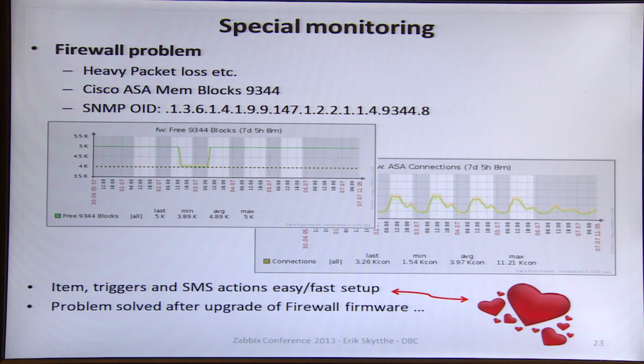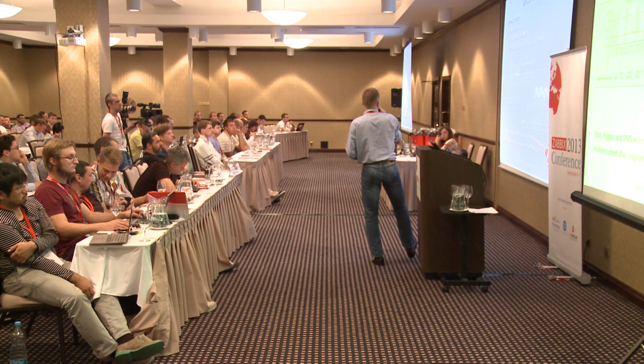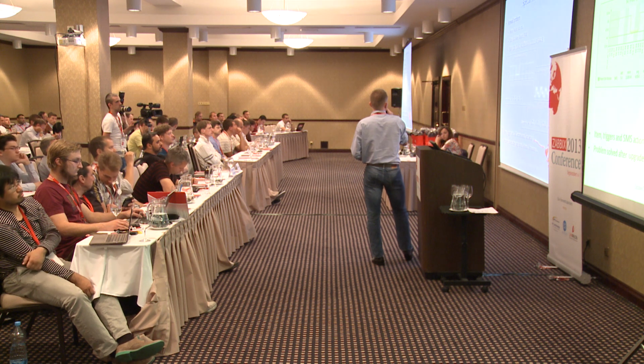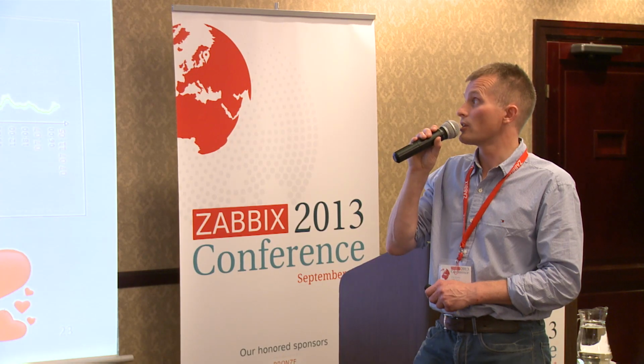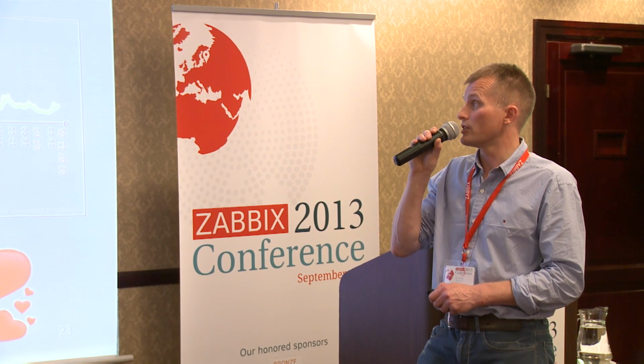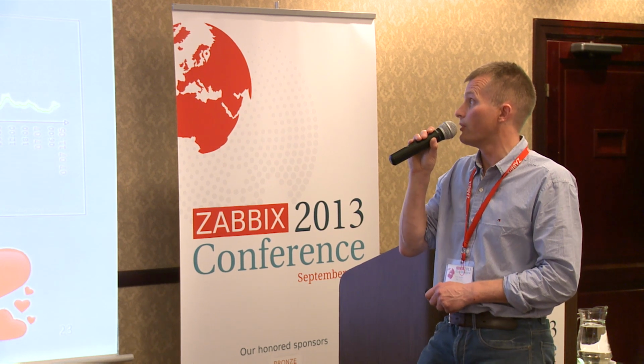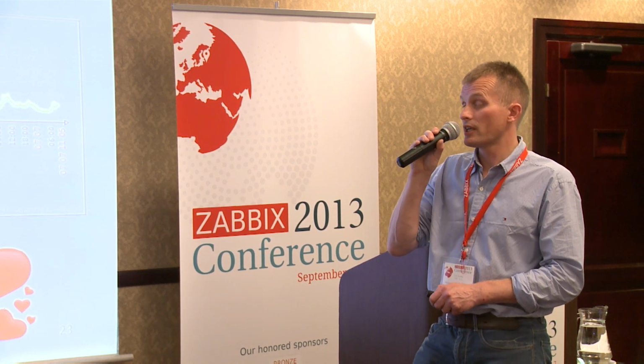We could see from the firewall log that some memory was getting low, some memory eating was happening, and soon we found it was these memblocks, and we found the OID to get it. In 5 minutes, we had this graph, and we could put triggers on it.